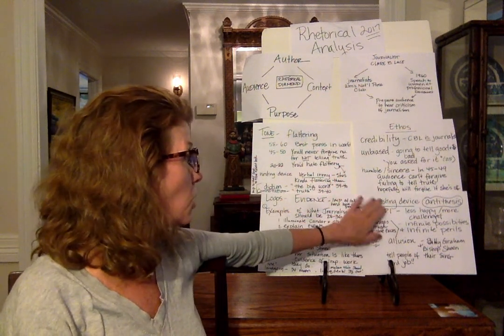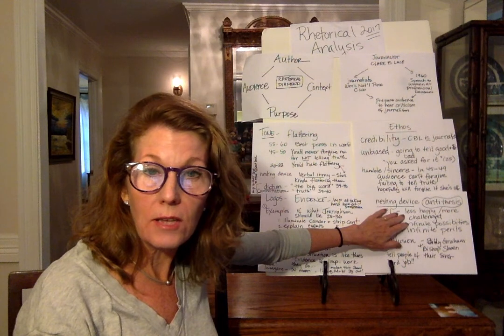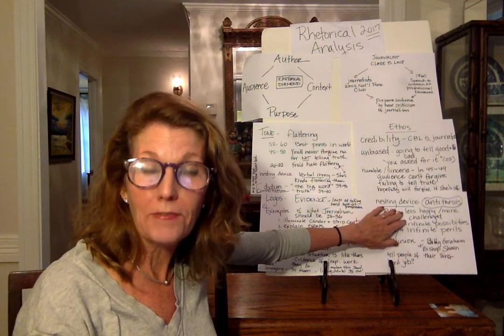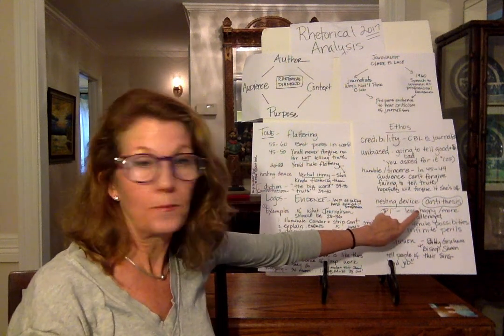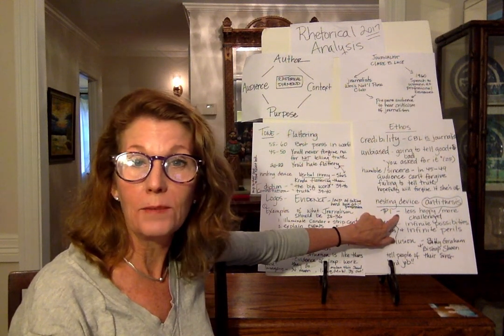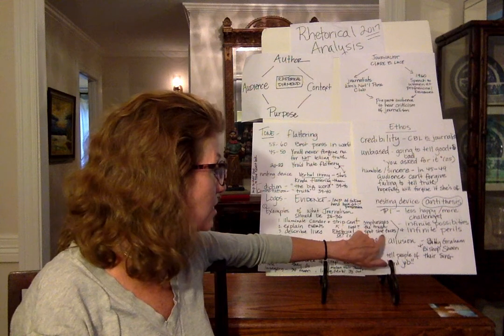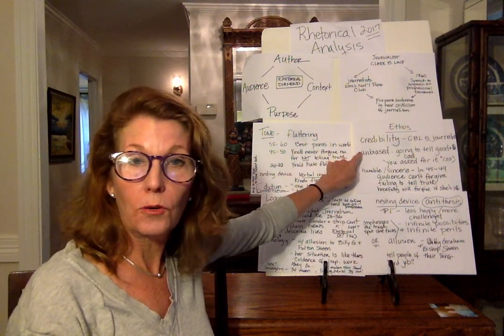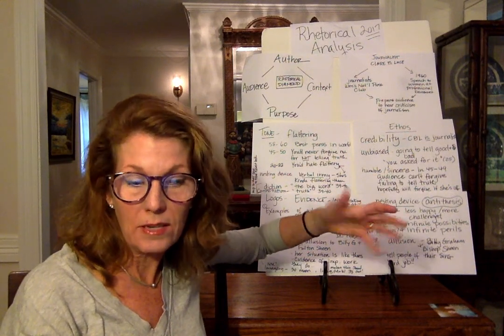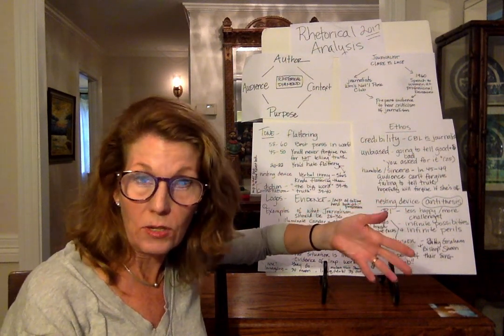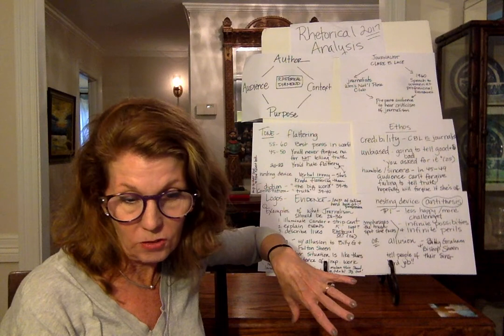All right? So, some nesting devices that you could use in a paragraph about ethos. The antithesis. We talked about that in paragraph 1. How does the antithesis impact her credibility? Well, these opposites emphasize, it's exciting and it's challenging.